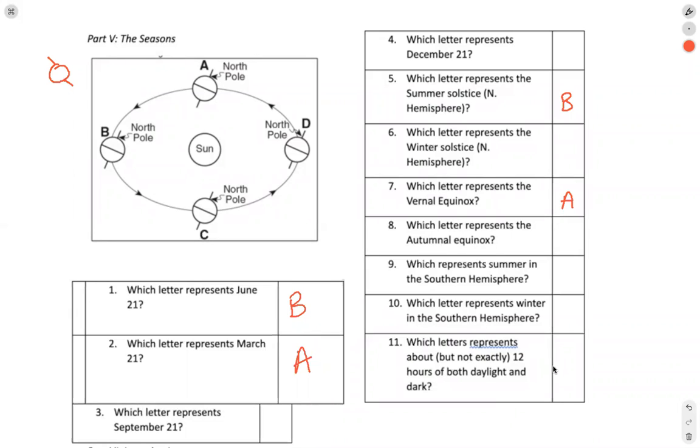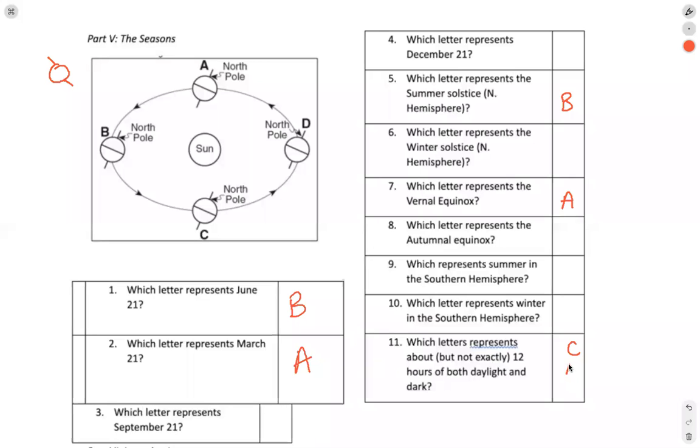And then which letter represents 12 hours of both daylight and dark? C. Sure. C is correct for one of them. And then what's the other one?